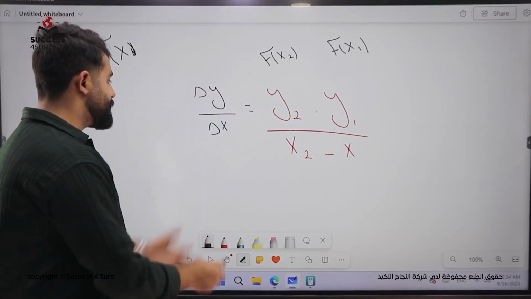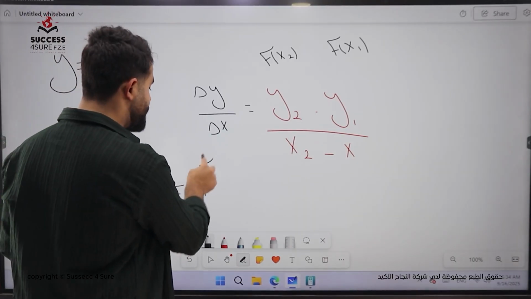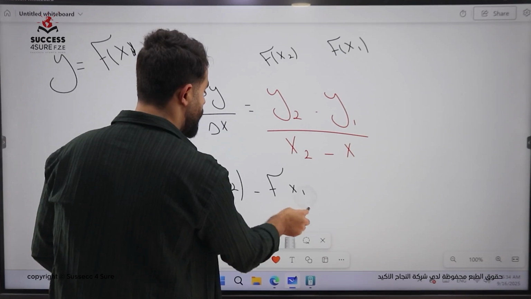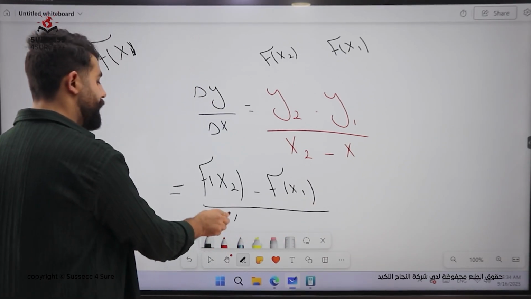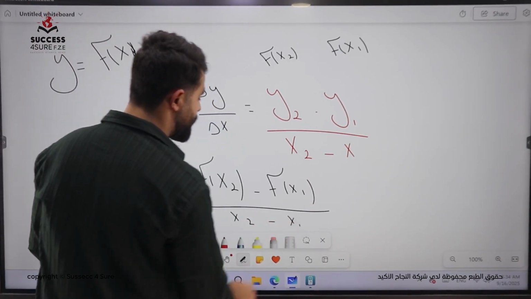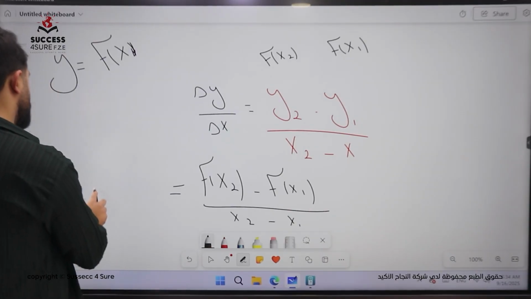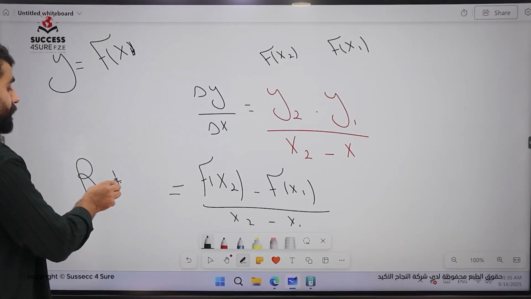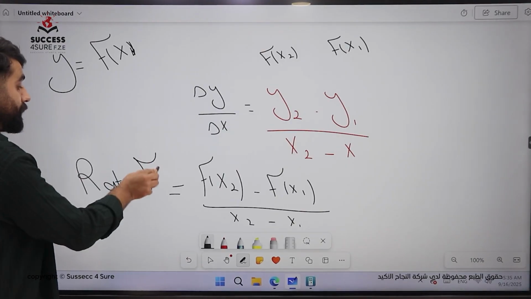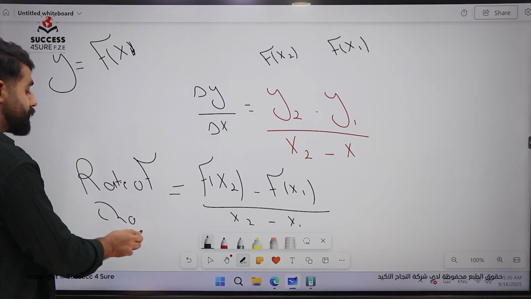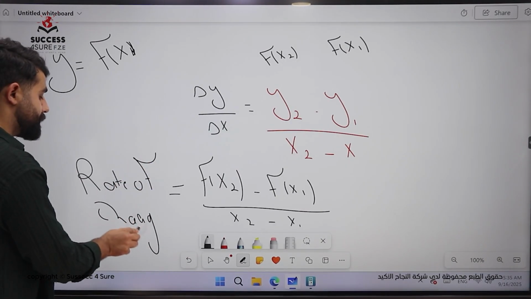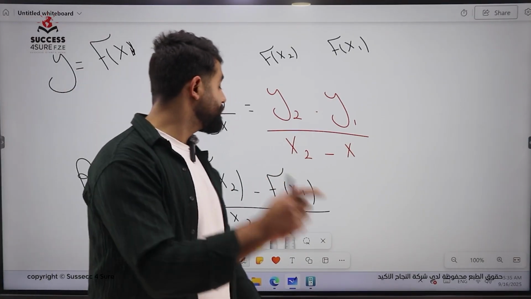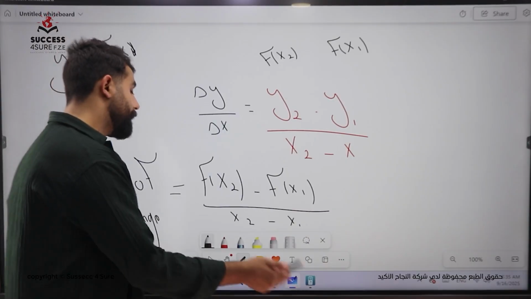So you can rearrange the formula to make it f of x2 minus f of x1 divided by x2 minus x1. Now we call this rule the average rate of change, or rate of change. So to find the rate of change, you need to follow this rule: f of x2 minus f of x1 divided by x2 minus x1.